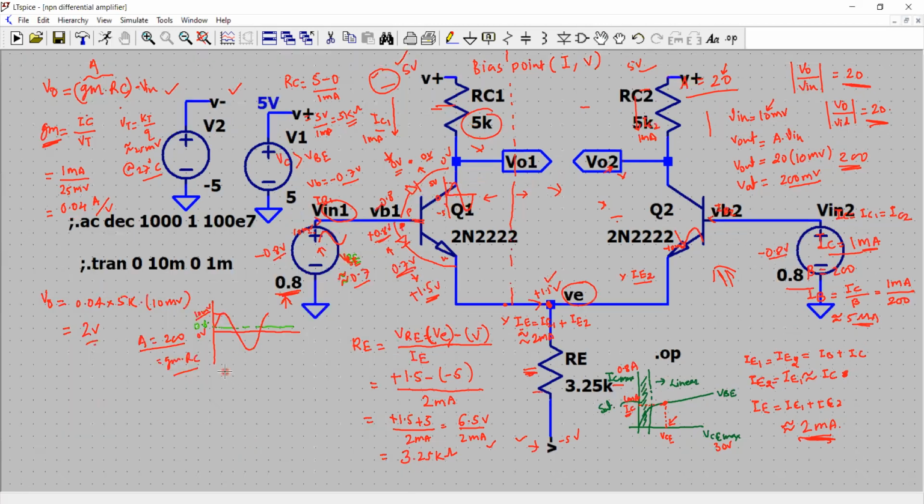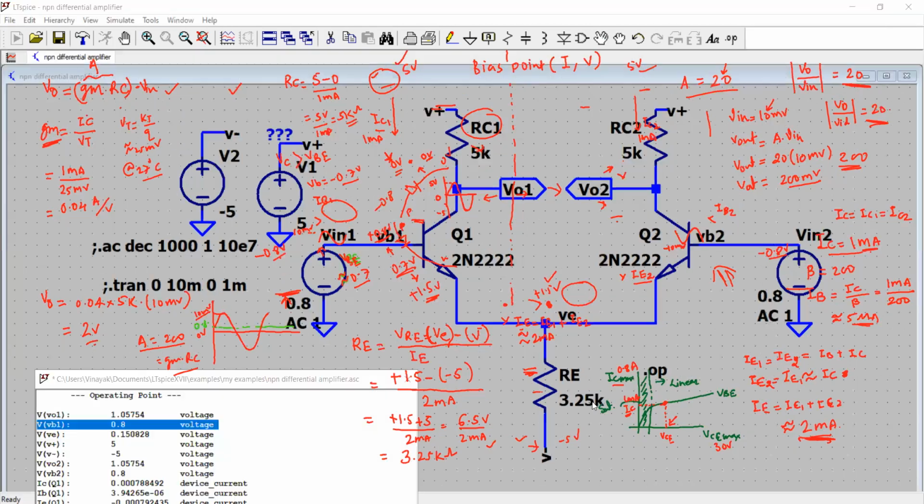Now, the theoretical gain we have calculated is about 200, and we designed it for 20 actually, and we'll now simulate and see how much gain we have. Okay, so the answer is here. I have again printed the operating point. I forgot to check the biasing condition of this diode that is between base and the collector.